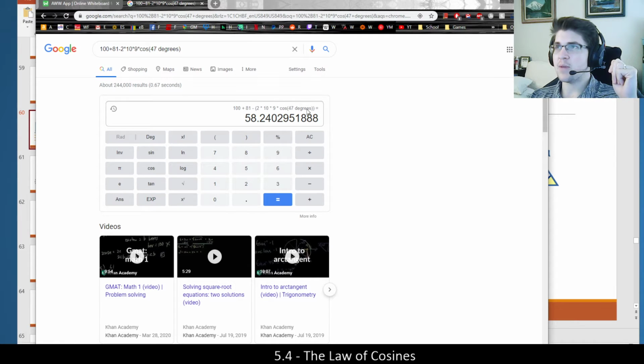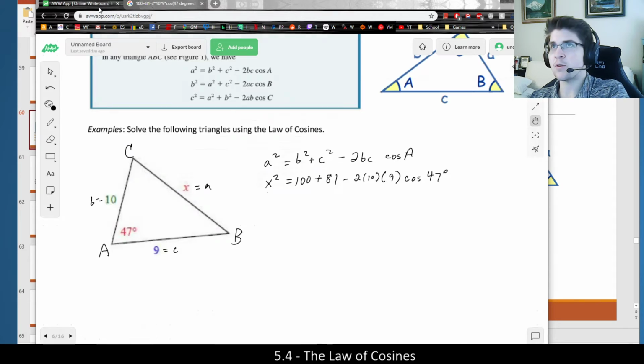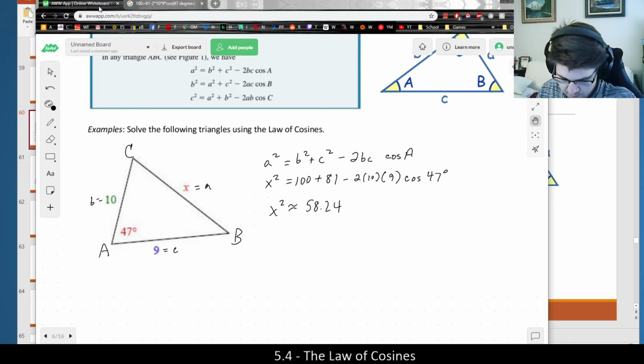But anyways, what that says is that all comes out to about 58.24. And so going back to my other tab, this would be x squared is approximately 58.24. And of course, I would need to take the square root of both sides to solve for x, or again, to find the third side.